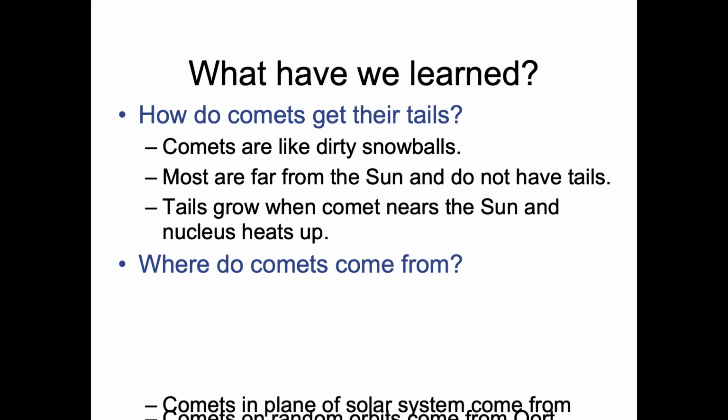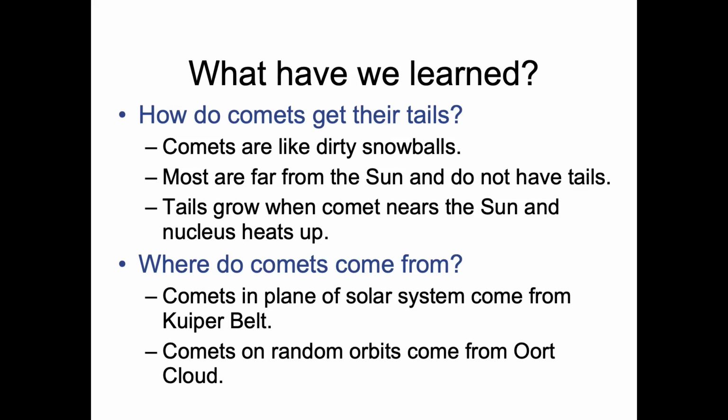Where do comets come from? There are two locations: the Kuiper Belt comets and the Oort cloud comets. The ones in the Kuiper Belt orbit around the sun the same way that almost all objects in the solar system orbit, like the orbits of the 8 planets.